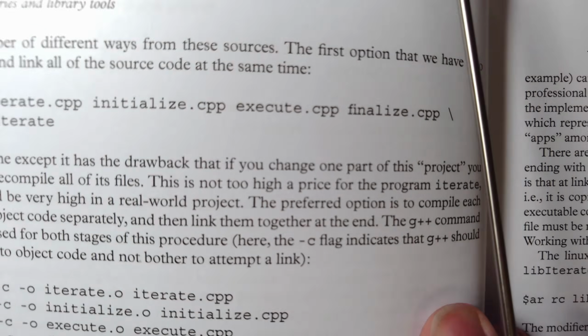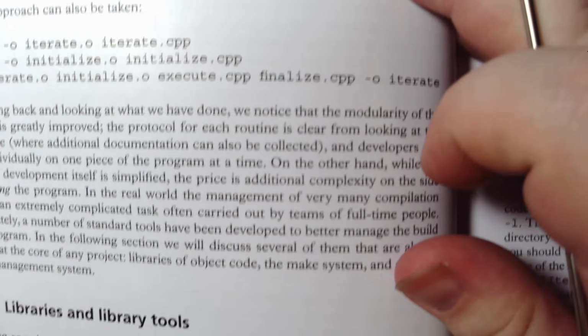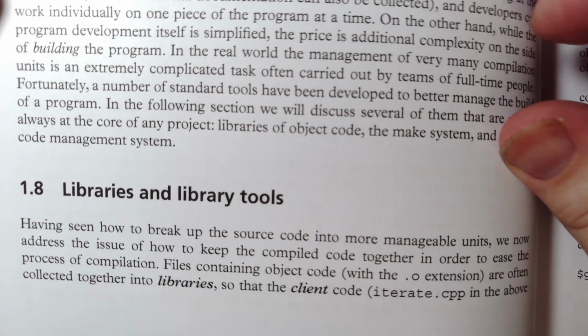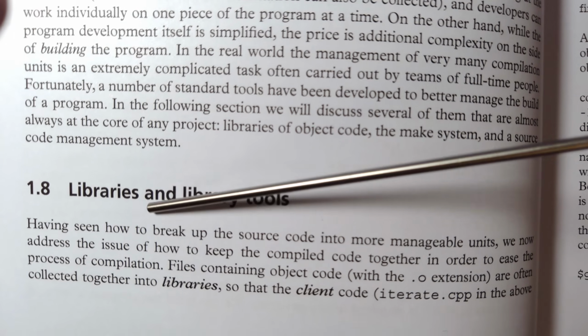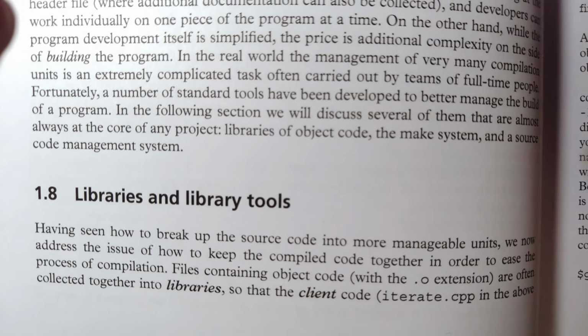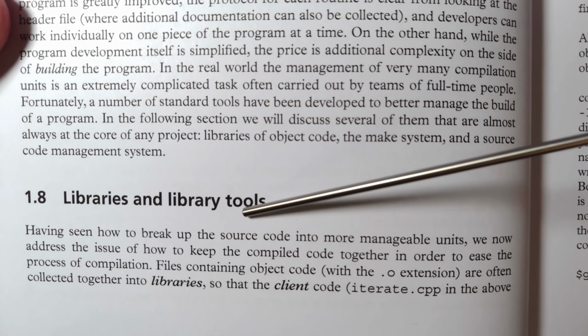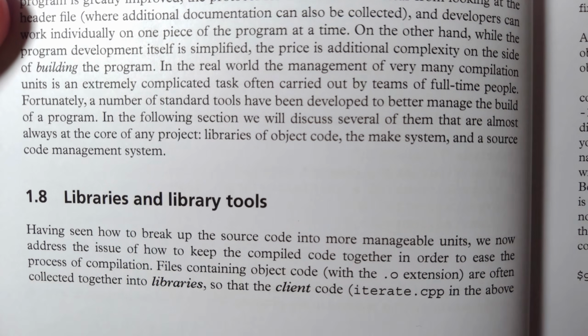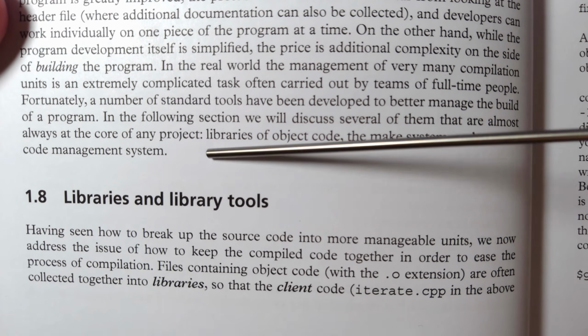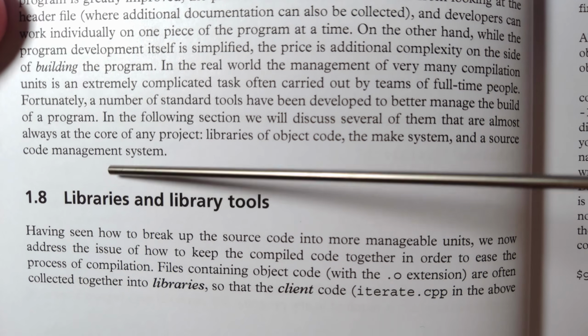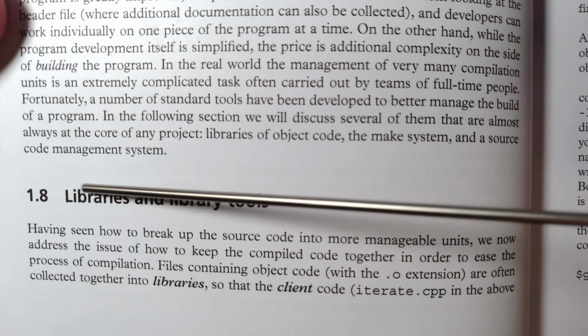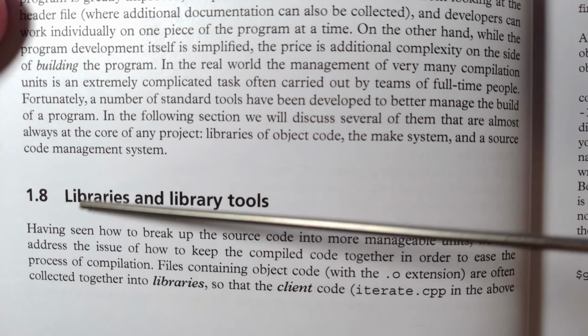Here we go. We'll see this later, or at least I'll use this technique later in programs and examples. But we have here in section 1.8, libraries and library tools.